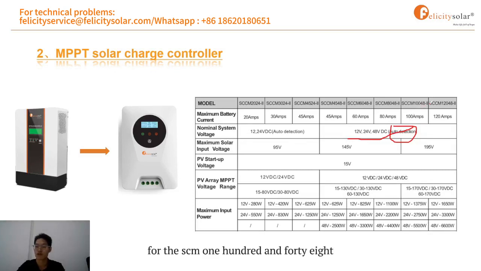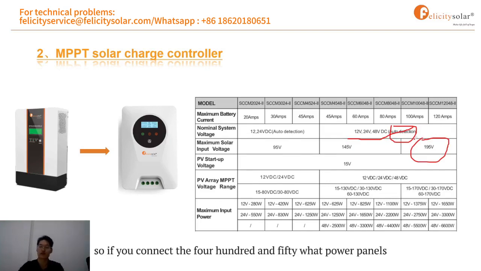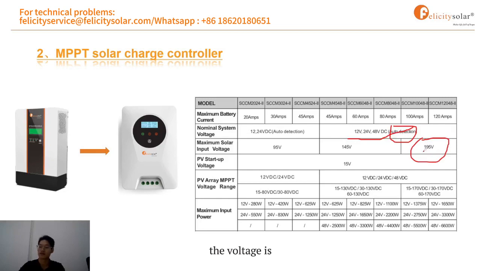For the SCCM 148, the maximum solar input voltage is 195 voltage. So generally, if you connect the 450 watt solar panels, the voltage of this kind of panel is no less than 50 voltage.